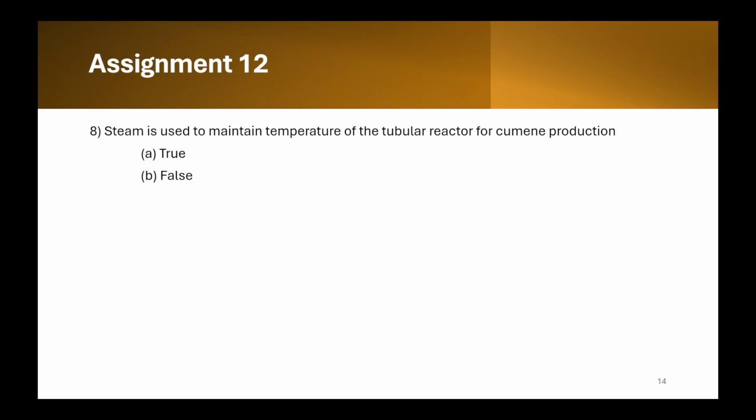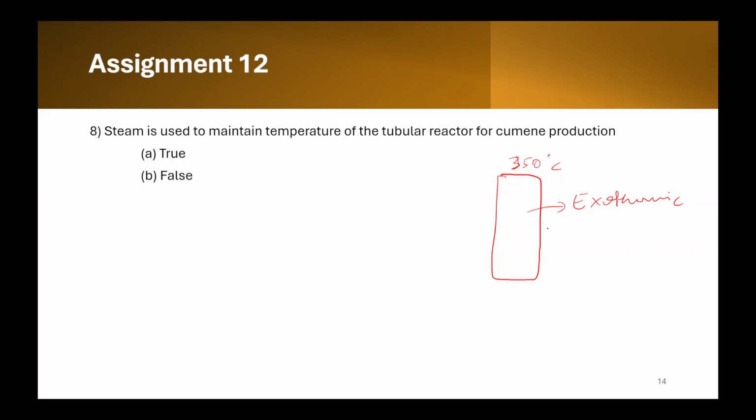Next question, steam is used to maintain temperature of the tubular reactor for cumene production. Is this statement true or false? So we saw that in the tubular reactor, the reaction is exothermic. The reactants are coming in at 350 degrees Celsius and 25 atmospheres.